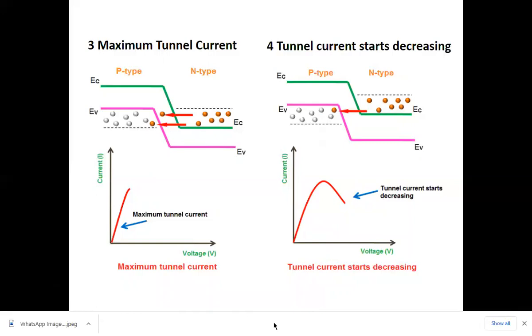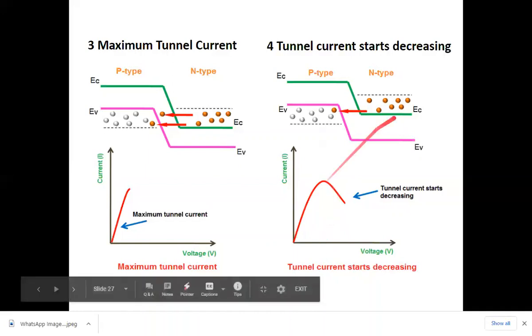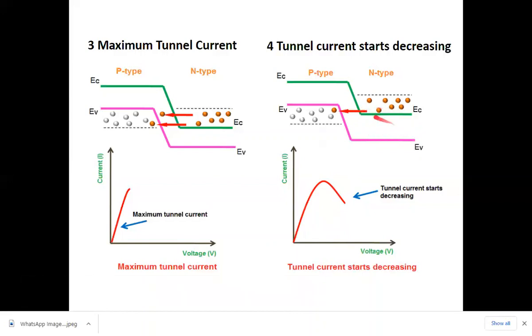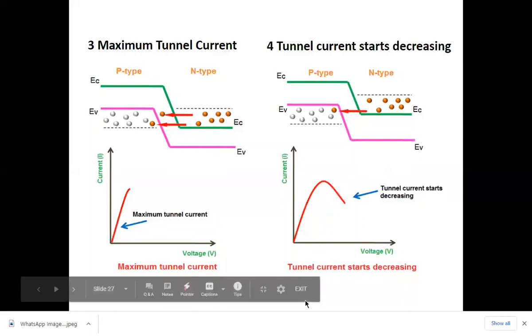Since the conduction band of the N-type material and the valence band of the P-type material still overlap, the electrons tunnel from the conduction band of N region to the valence band of P region and cause a small current flow. Thus, the tunnel current starts decreasing. So, here in this diagram, we see the tunnel current decreases.